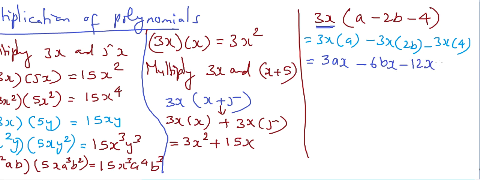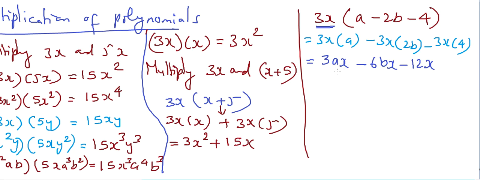So multiply 3x by a minus 2b minus 4. Say again, okay, so the result is 3ax minus 6bx minus 12x.